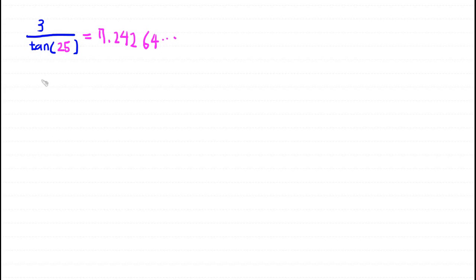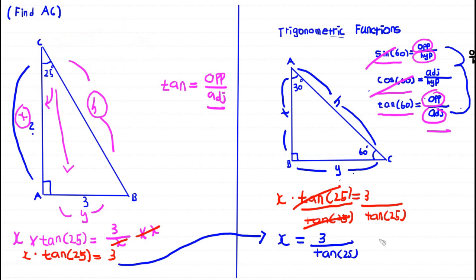And if you round it to the nearest hundredths place, it will leave us 7.24. So the x value here will be approximately 7.24.